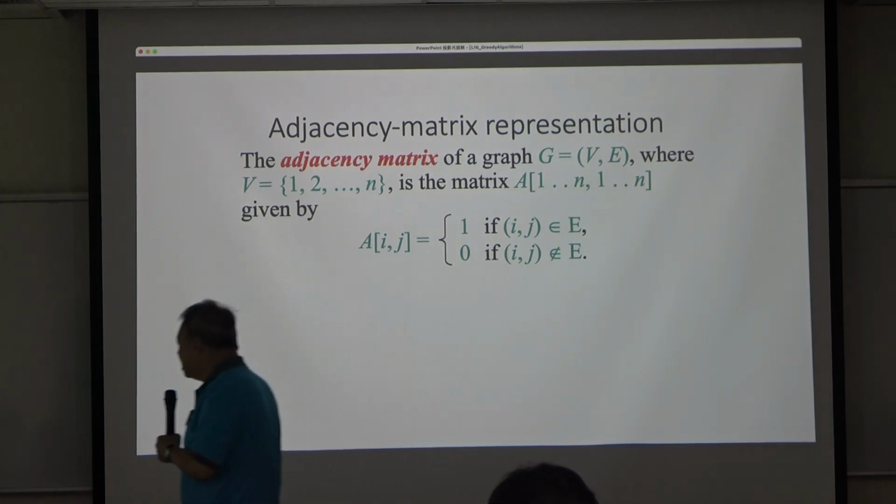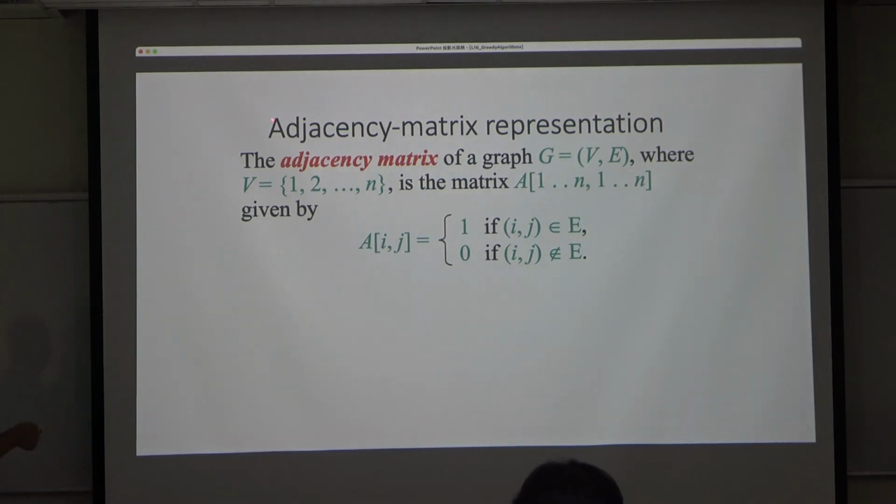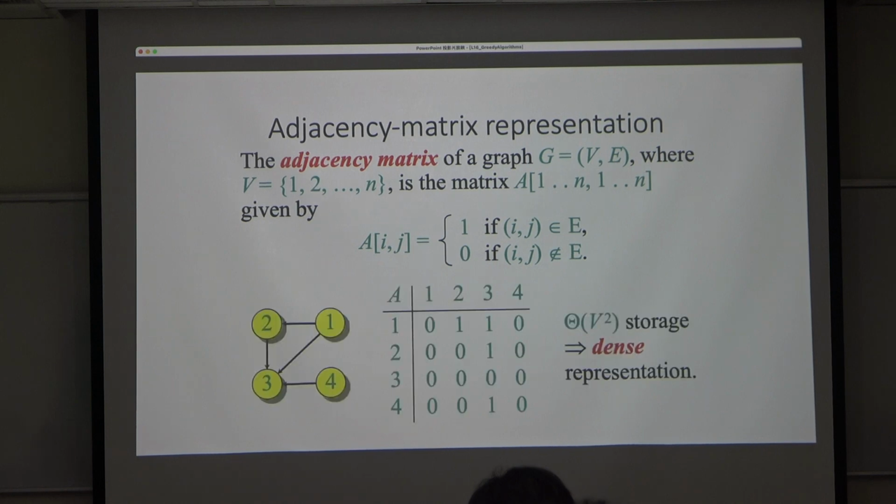Again, what you should have known: the adjacency matrix of a graph is represented by an n times n matrix if you have n vertices. A_ij equals 1 if ij is in E, and 0 if ij is not in E. So an adjacency matrix can be used to represent a graph, either directed or undirected.